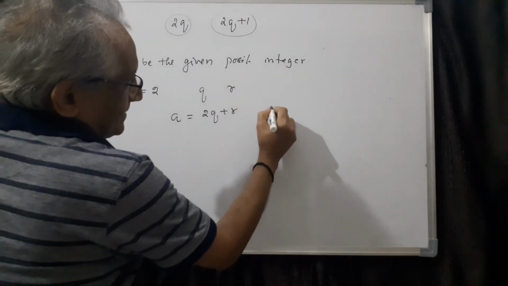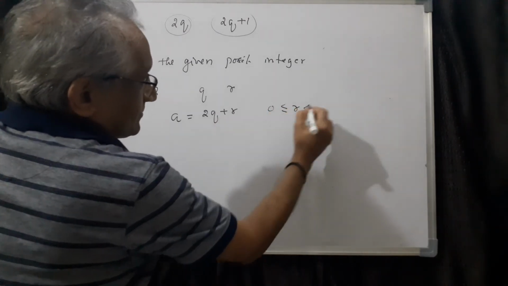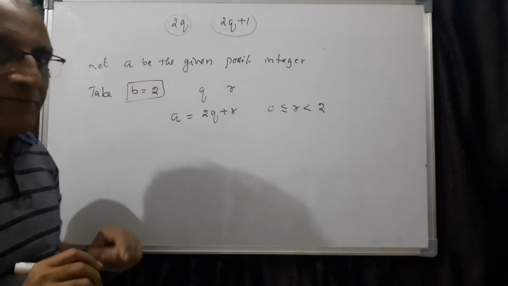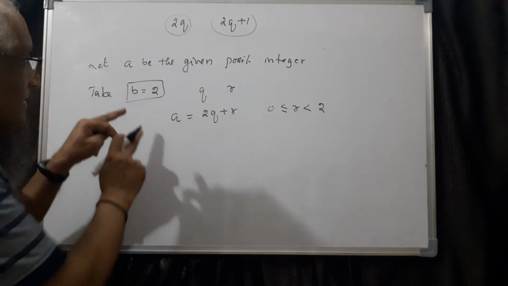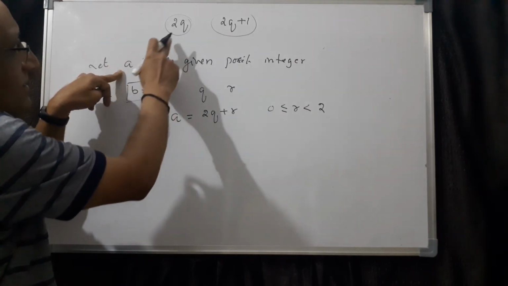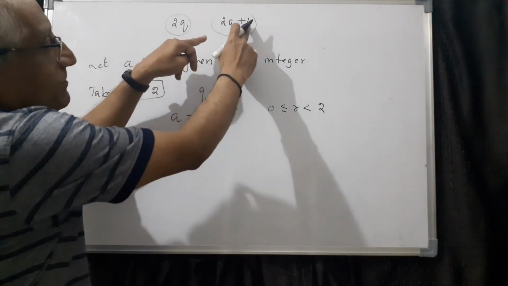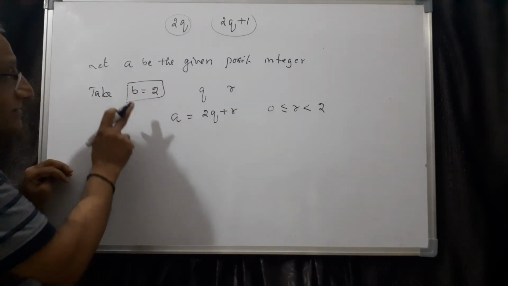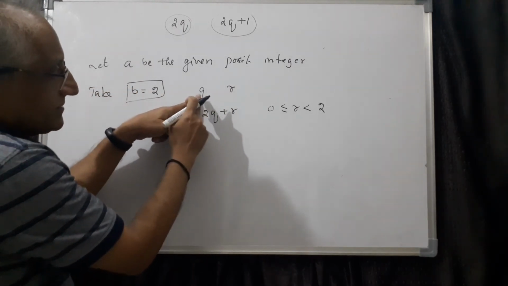The condition is 0 less than or equal to r less than b, which is 2 here, because we have taken b as 2. Let me sum up so that it is clear. Our idea is, given any positive integer, if it is even, it should be written in terms of 2q, and if it is odd, in terms of 2q plus 1, where q is some integer. By the division algorithm, given a and b, there will be two unique integers q and r satisfying this condition.